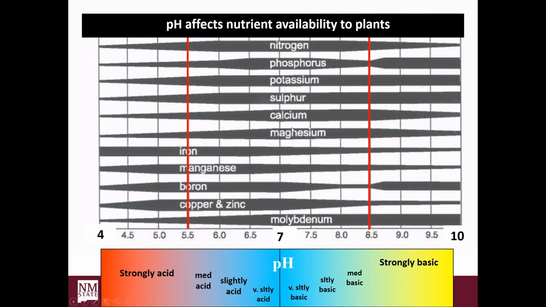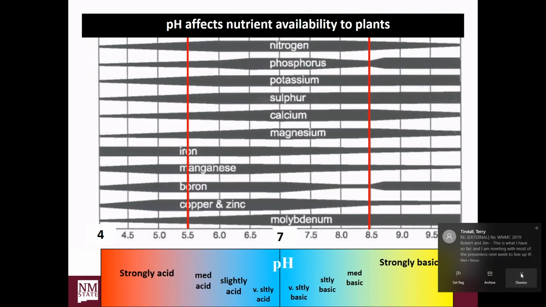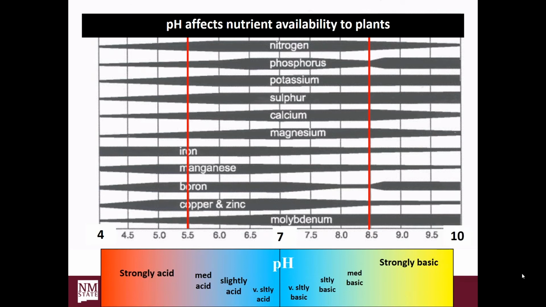So looking at this graphic, a common one that's found amongst the literature, it shows the availability of nitrogen, which is pretty much not affected until you get to very low levels of pH. And then phosphorus on a general scale is basically really well available in that 7 range.